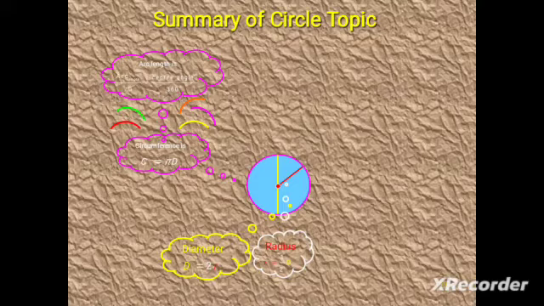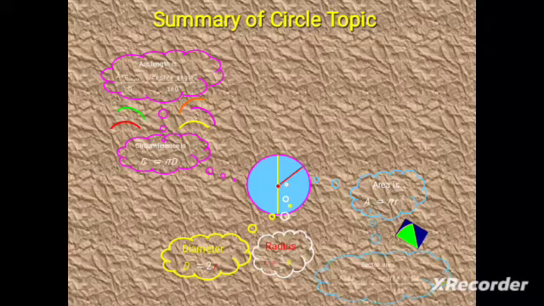So we have it as theta over 360 degrees times 2 pi r or pi d. From there, we have the area of a circle, given as pi r squared, and we have derived that.